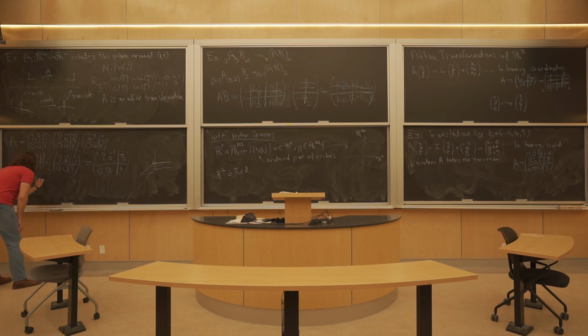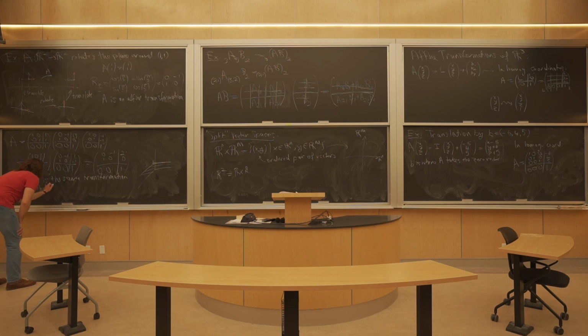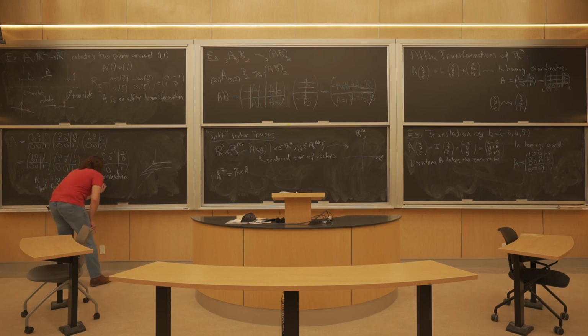So A is the same transformation that first rotates by 90 degrees, then translates everything by 2, 0 to the right.